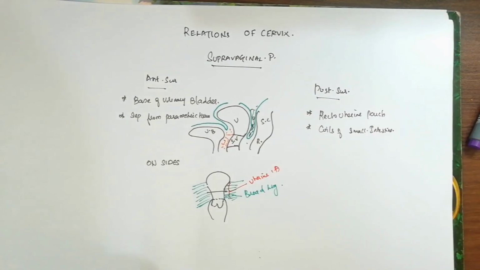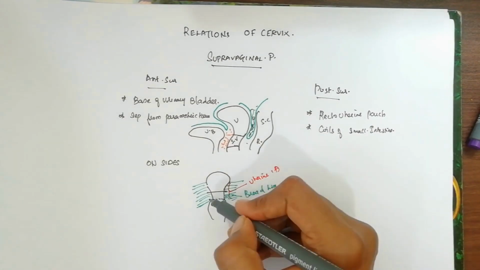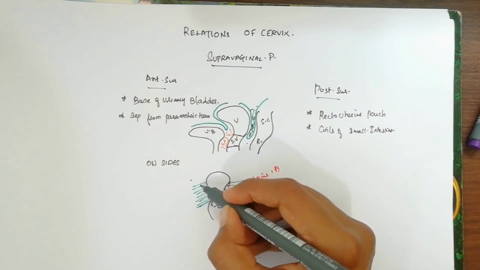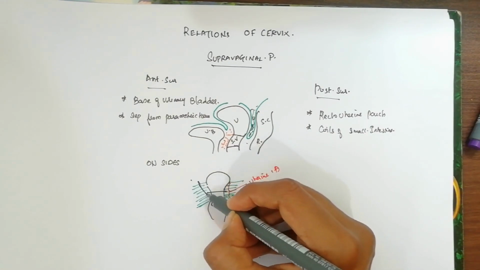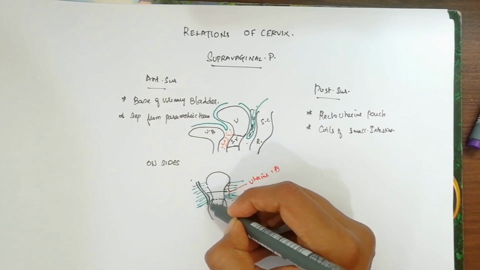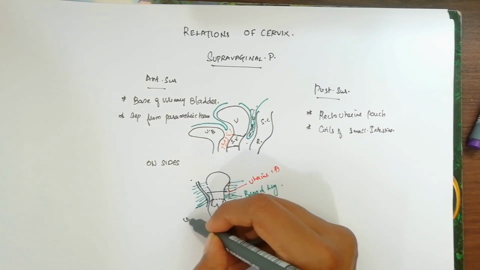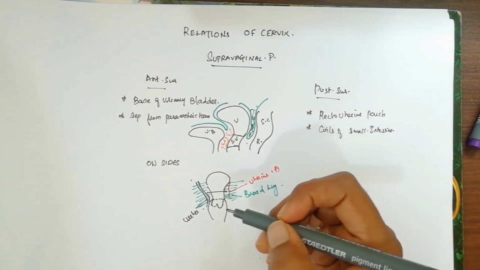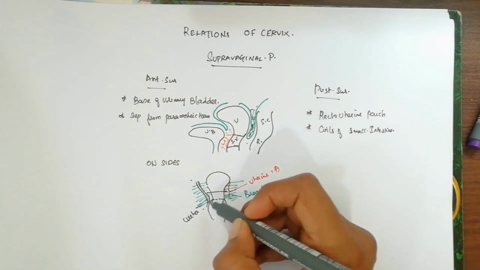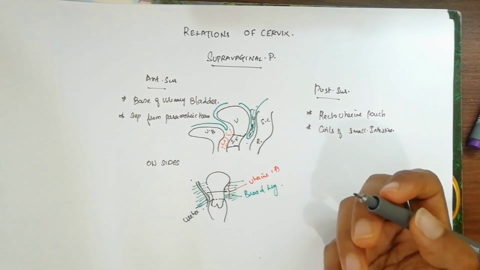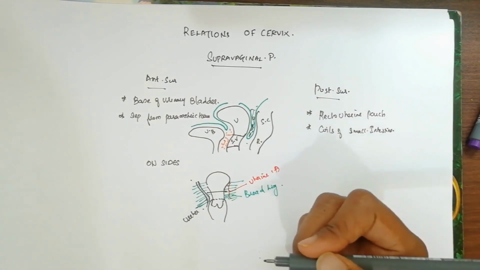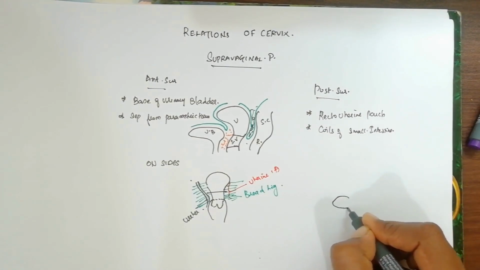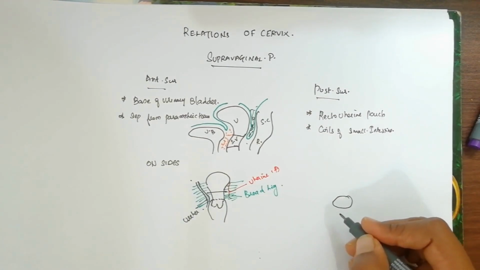And then we have one more structure which is passing laterally. In the lateral aspect of the supravaginal part, we will also see the passage of the ureter. So we have got the ureter placed. And then we have some lymph nodes seen on the sides, that is again the paracervical lymph nodes. Along with this, if you are taking a transverse section, this is the cervix region.